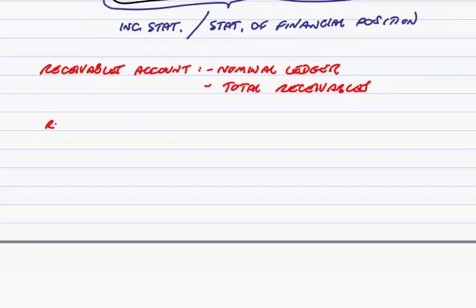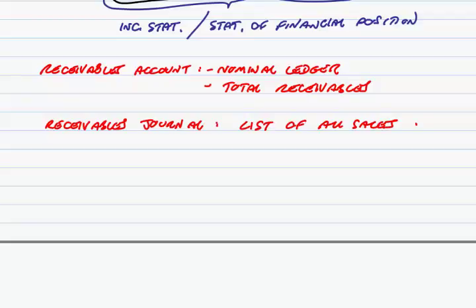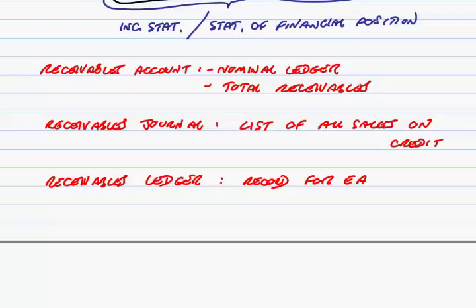However, we've also got a receivables journal that's one of our books of prime entry, and it's simply a list of all sales on credit. We've also, though, got a receivables ledger. And the receivables ledger is where we've got a record for each individual receivable.